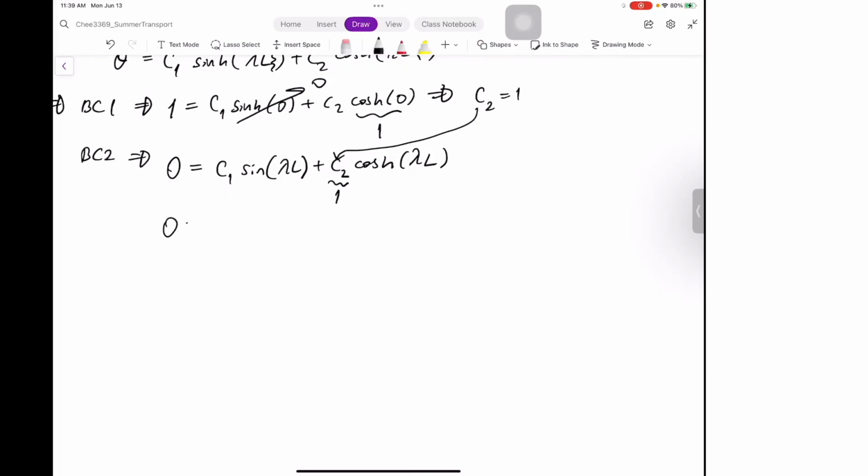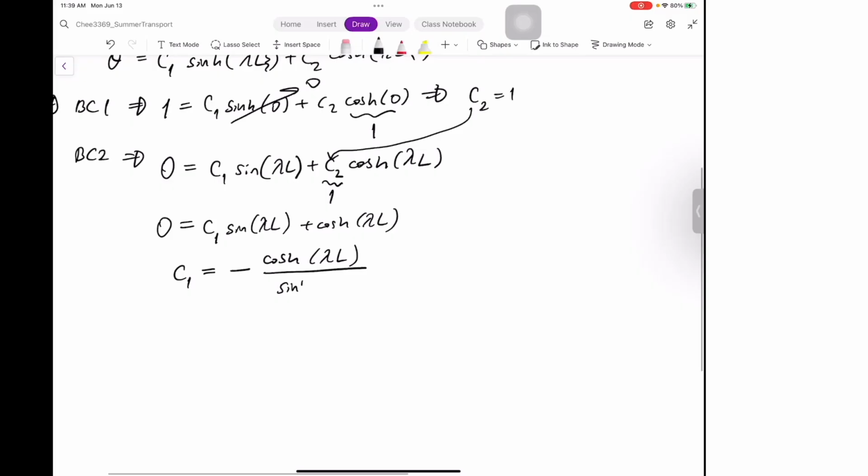And you have 0 is equal to C1 sine hyperbolic lambda L plus cosine hyperbolic lambda L, and so C1 is equal to minus cosine hyperbolic lambda L divided by sine hyperbolic lambda L.